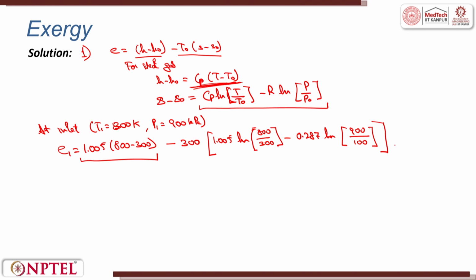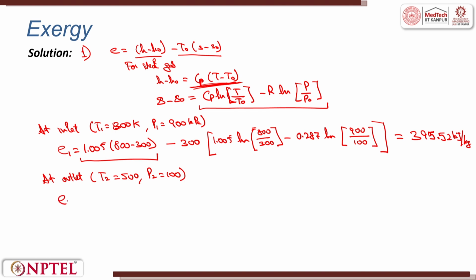To calculate it completely, we find the value of E1 as 395.52 kilojoules per kg. Similarly, we can find it at the outlet, where T2 is equal to 500 and P2 is equal to 100.